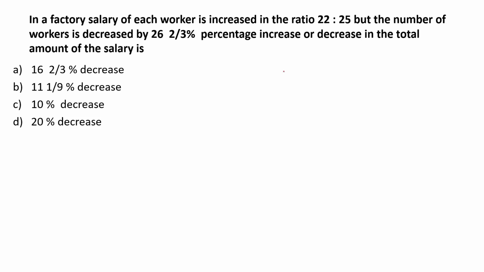The per head salary was increased in the ratio 22:25, but the number of workers was decreased by 26.2%. Just take 26.2% as the summation of 10% plus 16.2%.